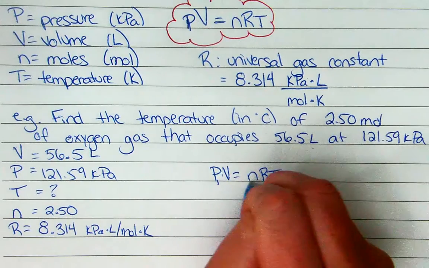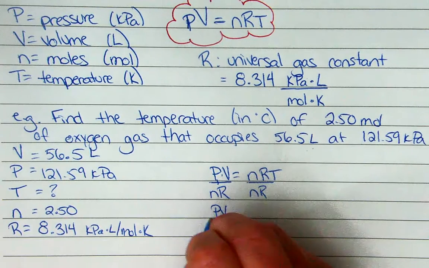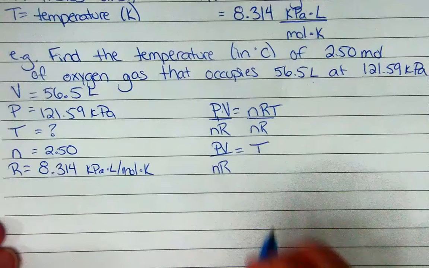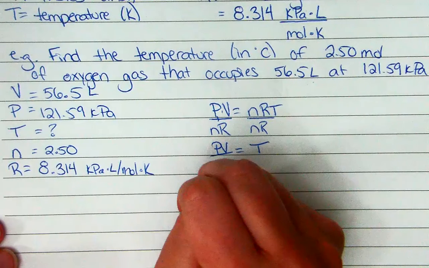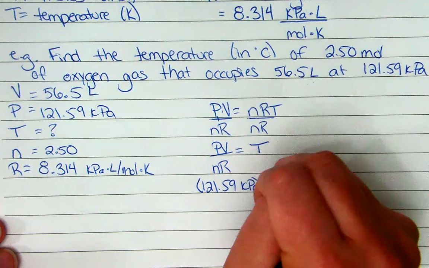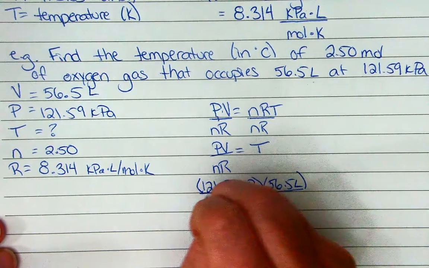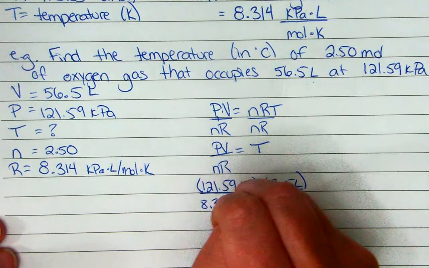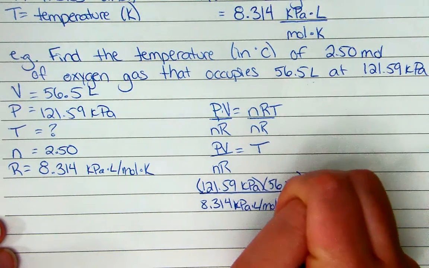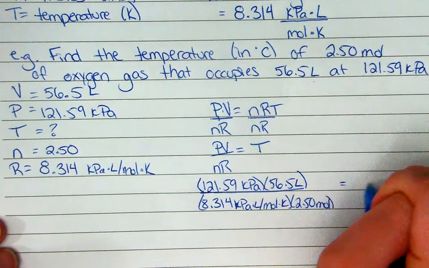Well, we want T by itself, so we're going to divide both sides by nR, which leaves us with PV divided by nR equals T. Fill in those values. 121.59 kilopascals times 56.5 liters divided by 8.314 kilopascal liters per mole K times 2.50 moles equals T.